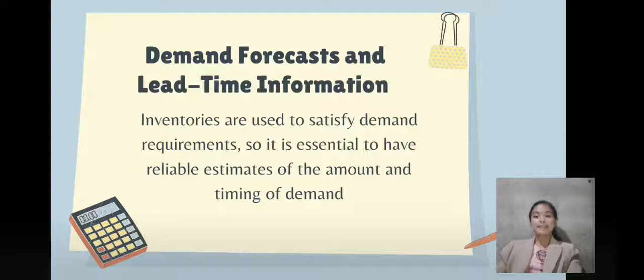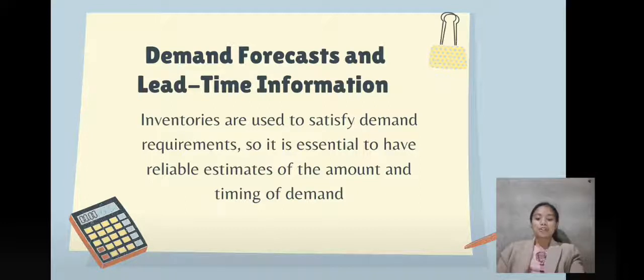Next is demand forecasts and lead time information. Inventories are used to satisfy demand requirements, so it is essential to have reliable estimates of the amount and timing of demand. Similarly, it is essential to know how long it will take for orders to be delivered.